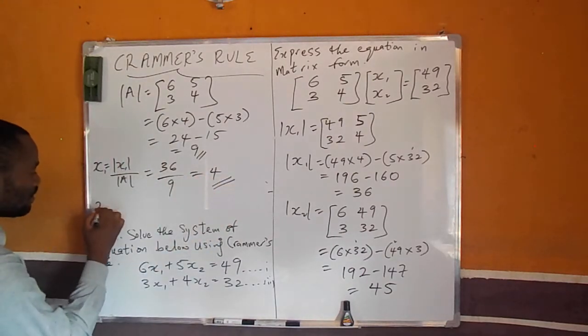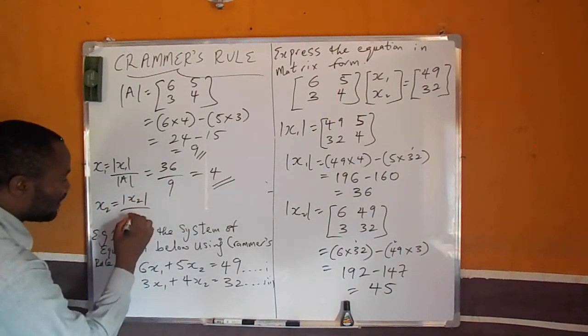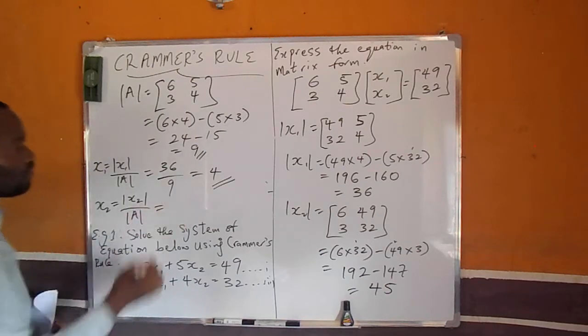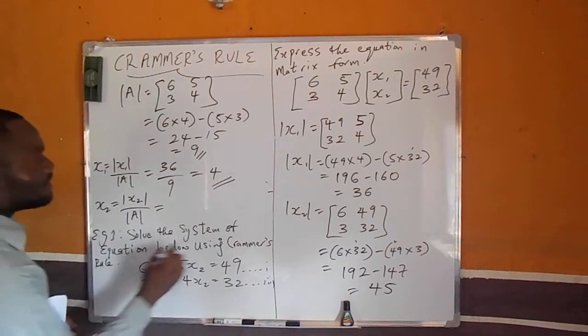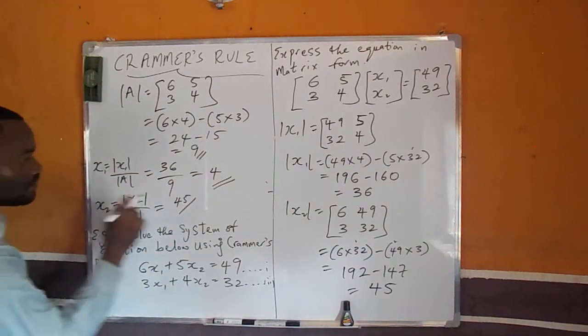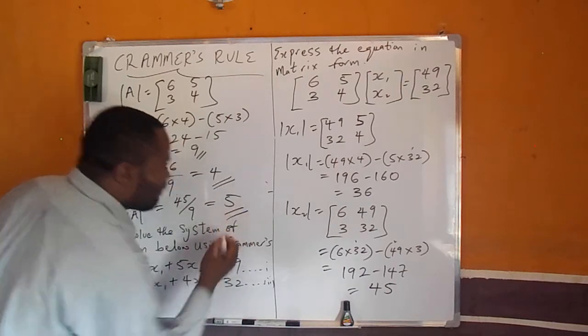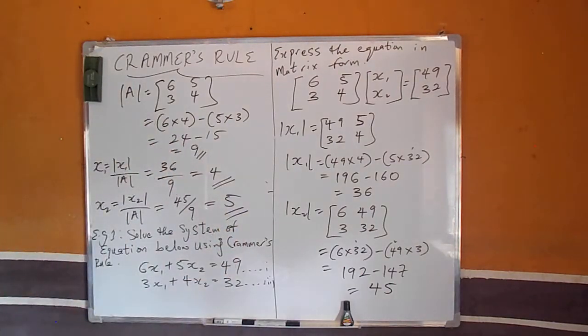Whereby x2 equals the determinant of x2 all over the determinant of A, which equals 45 divided by 9, we have 5. That shows that our answer gives us 5. That means x2 is 5.